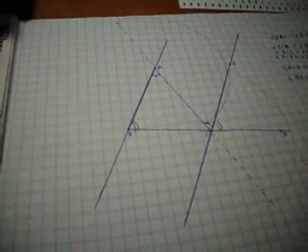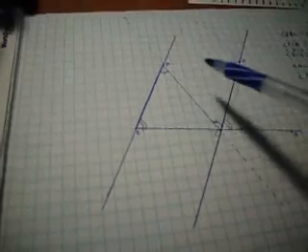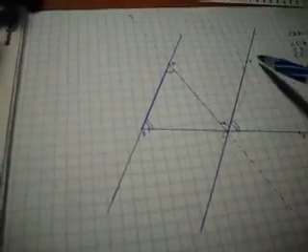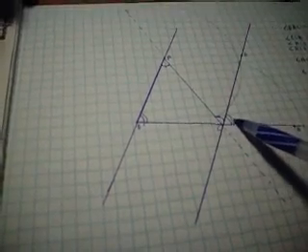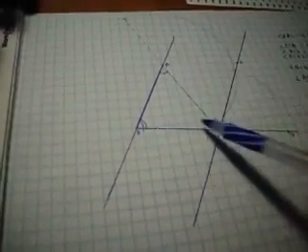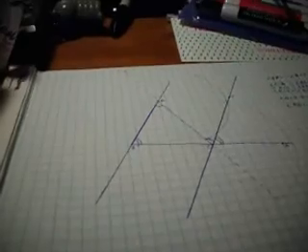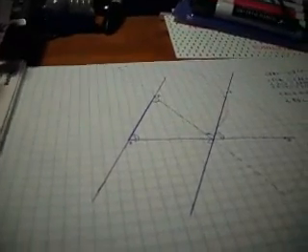Alright. Now, let's go on here. He also says that ECD, this angle right here, is equal in size to angle ABC. And again, if I recall correctly, that is also due to proposition 29.